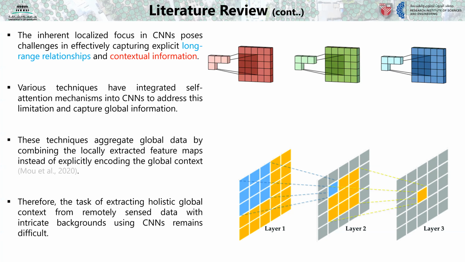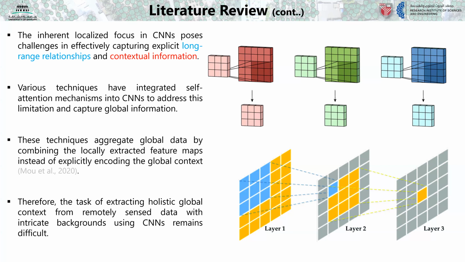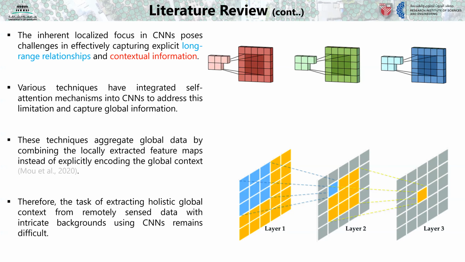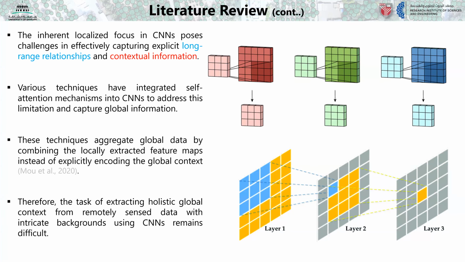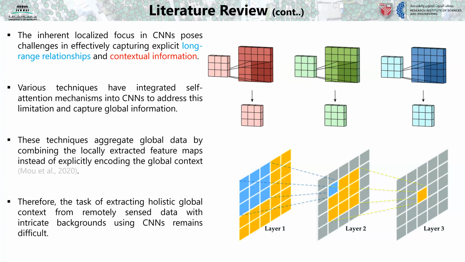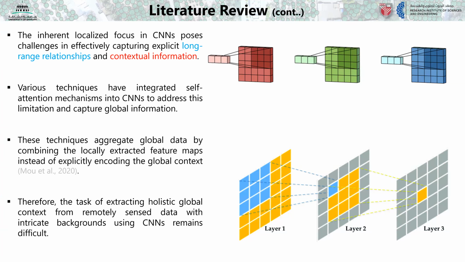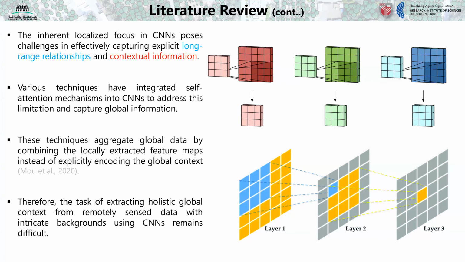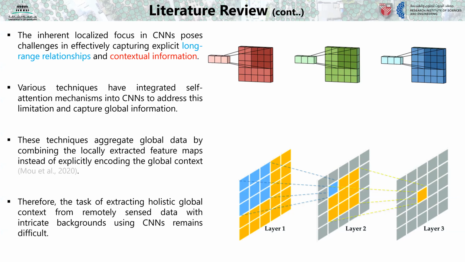But instead of directly encoding the global context information, techniques such as the pyramid pooling module, dual attention module, and others only aggregate global data by combining locally extracted features. Thus, extracting, let's say, dead palm trees in a complex environment and multi-scale images can be challenging using convolutional neural networks.